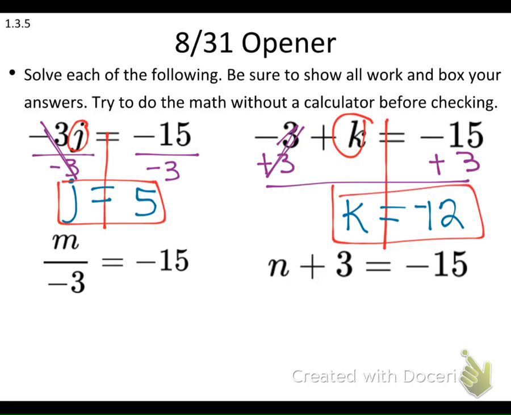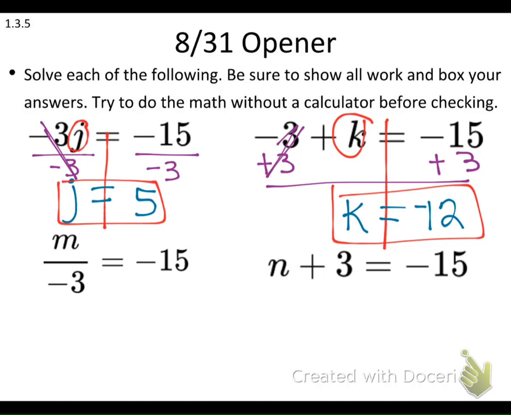I have no idea how you could have got -7. But you also need to make sure you show that 3 there. So if you take -15 plus 3, -12. This is your negative button. Your negative button is in the parentheses.